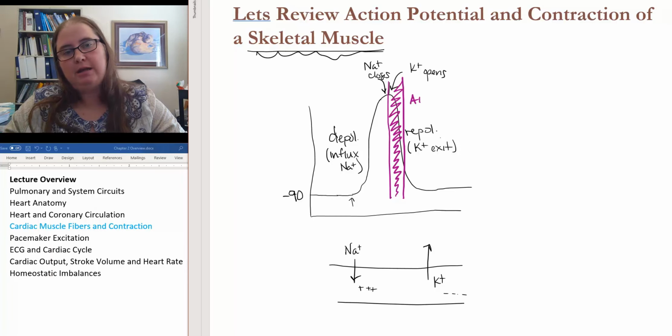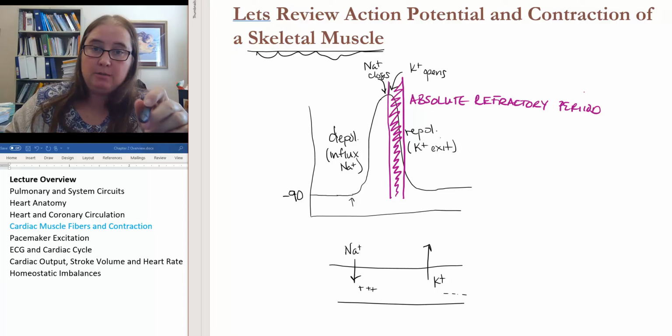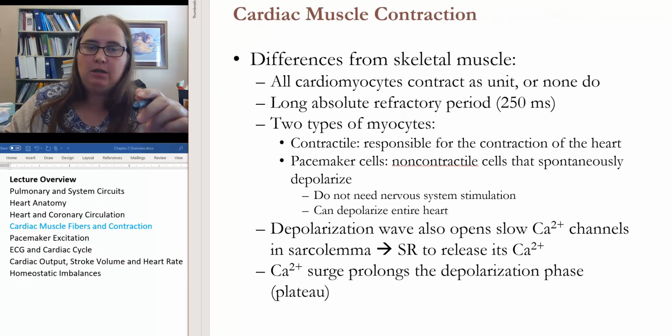So this is our absolute refractory period. Okay? So in skeletal muscle, it's really short. In cardiac muscle, it's actually fairly large. And I have a picture here I'm going to show you in a minute of what I mean by that.